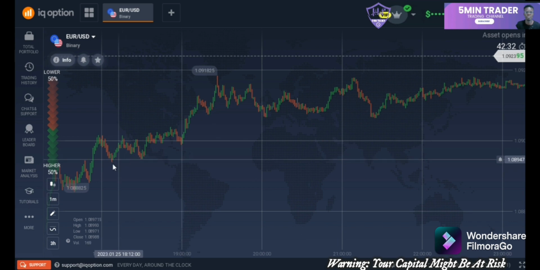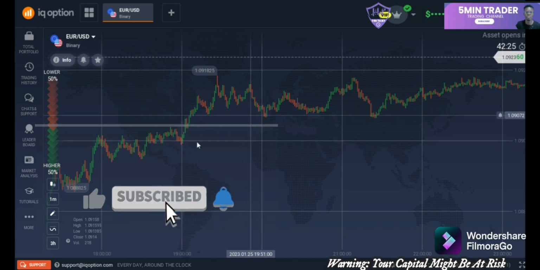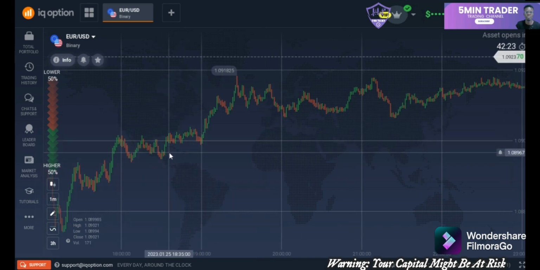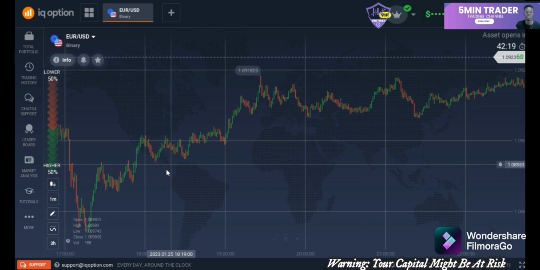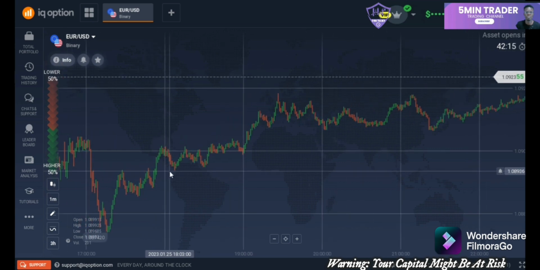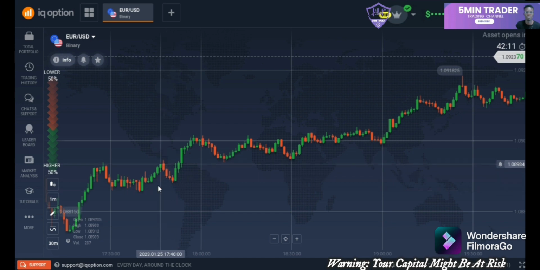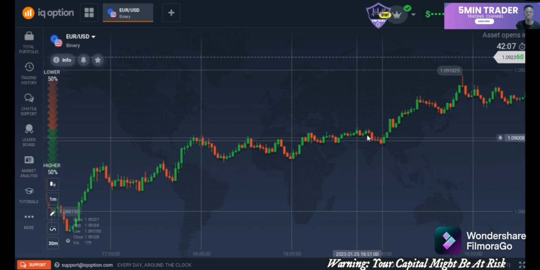That means when the market is in an uptrend, you are only going to be looking for opportunities to buy, not to sell. You can only buy at support when the market is trending up.